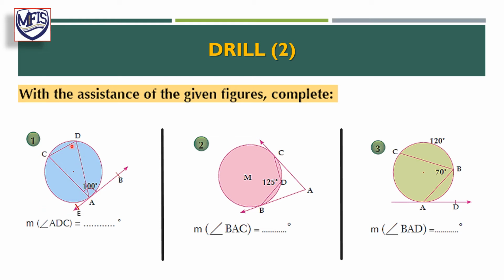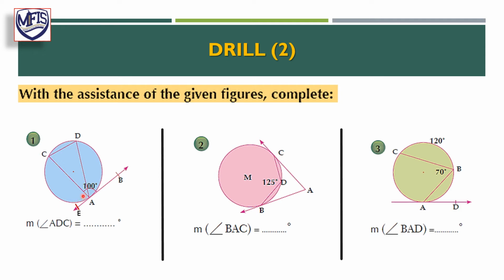Then measure angle D equals half measure arc AC, and also measure angle D equals the angle of tangency CAE. This angle CAE is the angle of tangency, equal to measure angle D. Now, what is the measure of angle CAE?